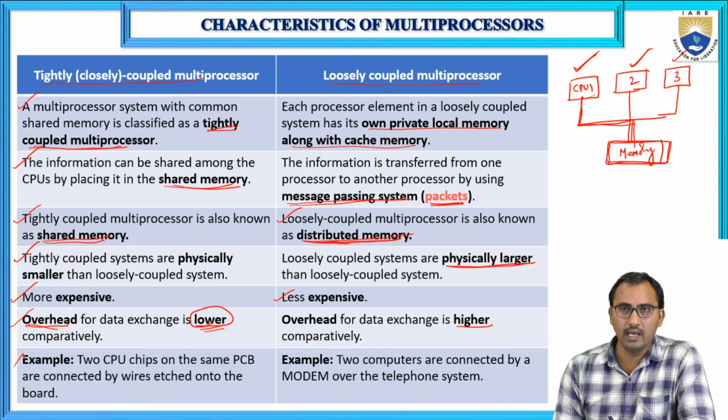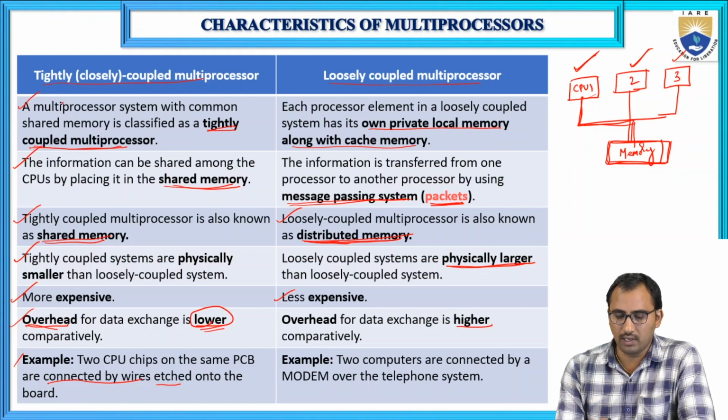And the last one is an example of the tightly coupled multiprocessor. So two CPU chips on the same PCB board are connected by wires etched onto the board. So that is an example of the tightly coupled multiprocessor. We have two CPUs and the two CPUs are connected through wires that are mounted on the same board.